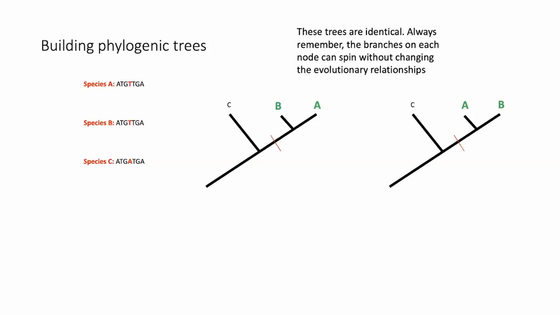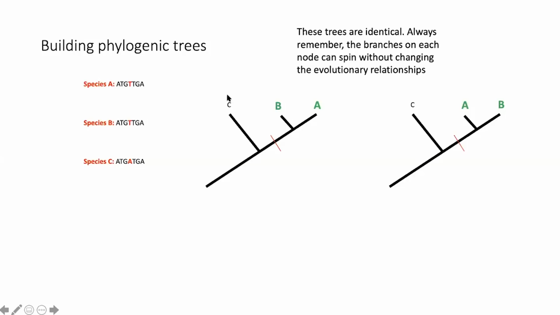Okay, I just want to walk through some other details on how to read these phylogenies. So often people picture phylogenies and they think that there's something about the order in which the taxa are arranged. C is a taxa, species C, B and A, these are all different taxa.